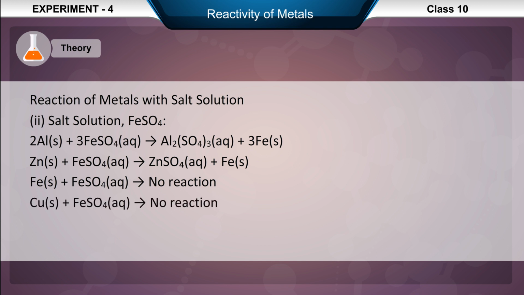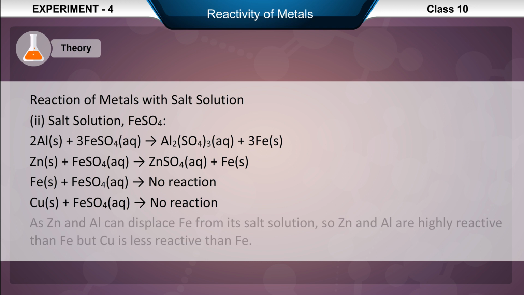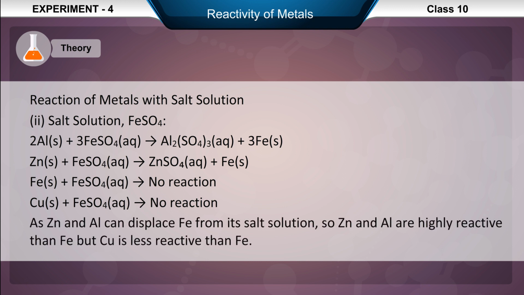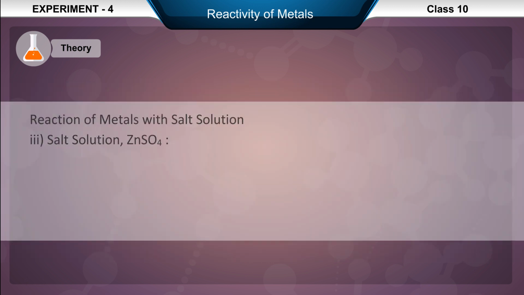Cu in solid state plus FeSO4 in aqueous state results in no reaction. As zinc and aluminium can displace iron from its salt solution, zinc and aluminium are more reactive than iron, but copper is less reactive than iron.